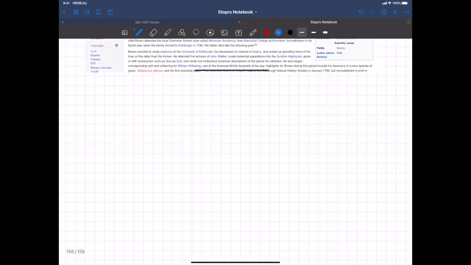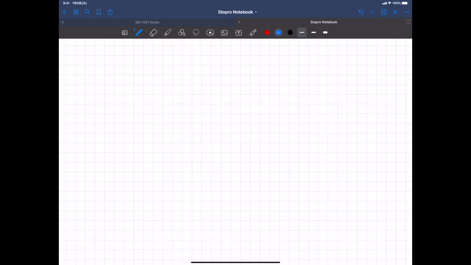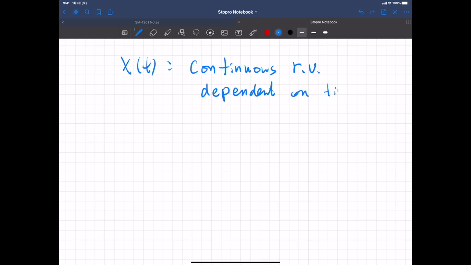Anyway, let's go on and define Brownian motion. Let x of t be a continuous random variable that depends on time t. So consider this as something like a random variable that follows, for example, a normal distribution, which is a continuous distribution, but this distribution may depend on time t.